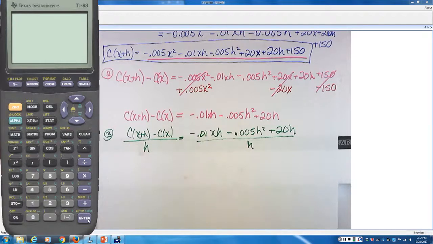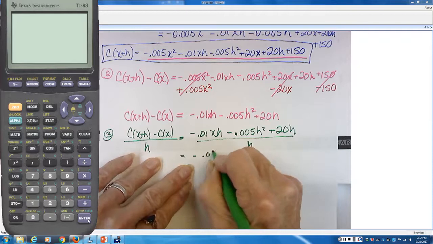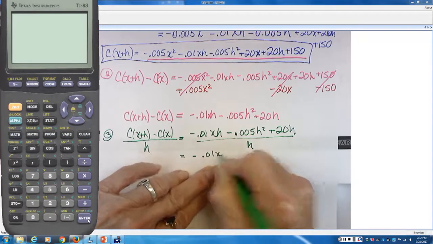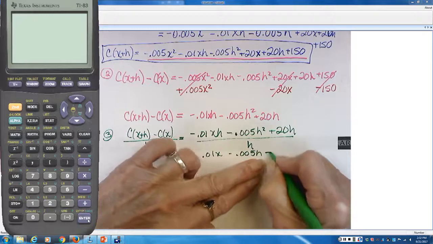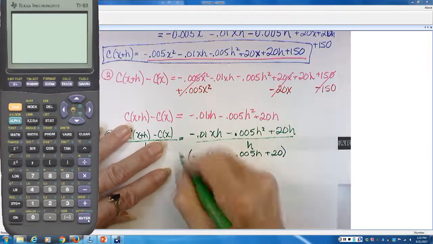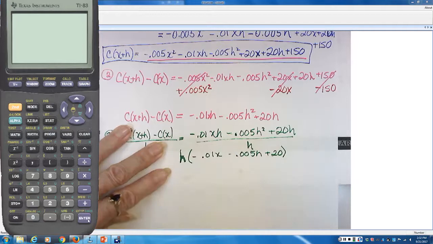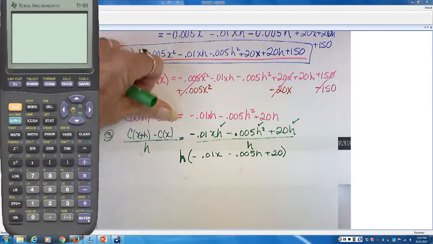And the way that I can do that is I'm going to factor out the h. That h, one of these, and that h.